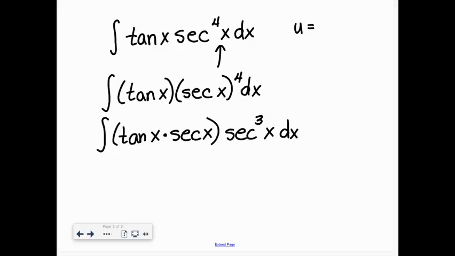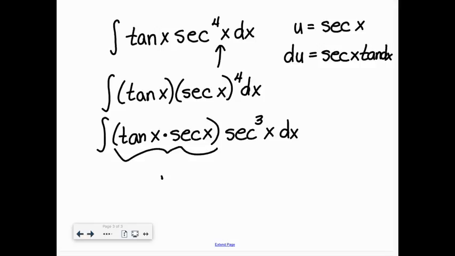Now if I take my u to be the secant of x, my du is secant tangent dx, and I have taken care of that because that's now my du and the dx, and the secant cubed of x becomes u cubed. So all I have is the integral of u cubed du.